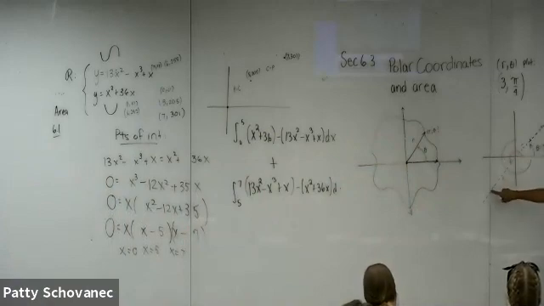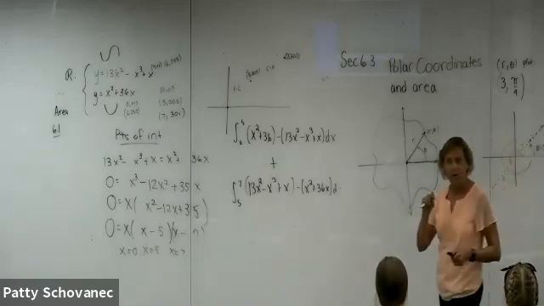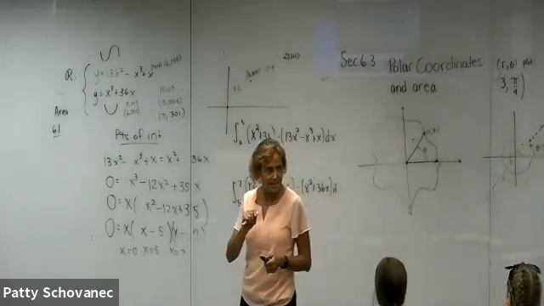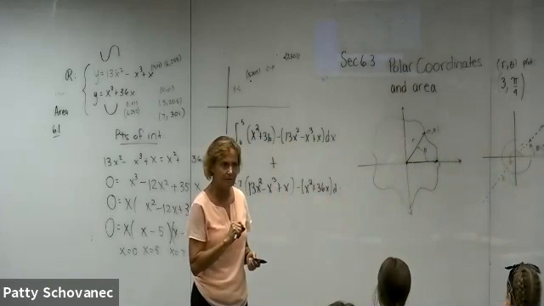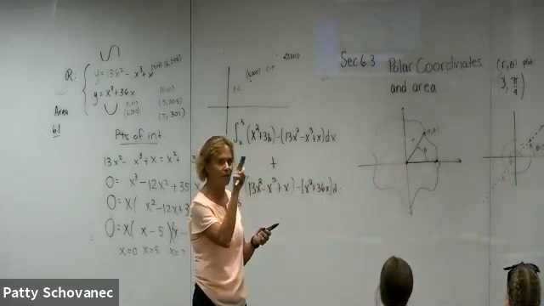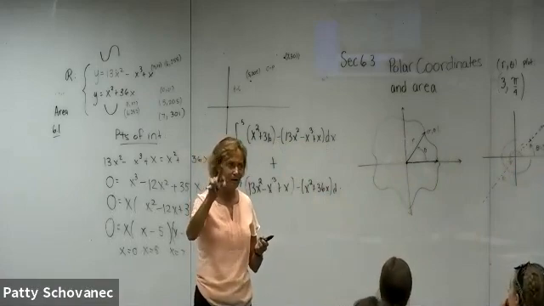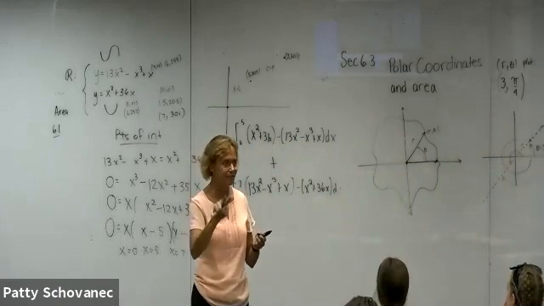Then I'm on the -3 pi over 4 axis, and I want to project backwards to get me down to here. So that corresponds to the same point. And again, we can do this angle in an infinite number of ways. So there's no unique representation for a point. But we can find it with both r and theta positive, r positive, theta negative, r negative, theta positive, and two negatives.